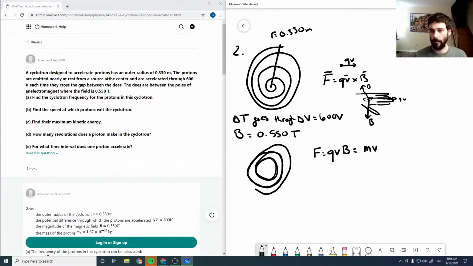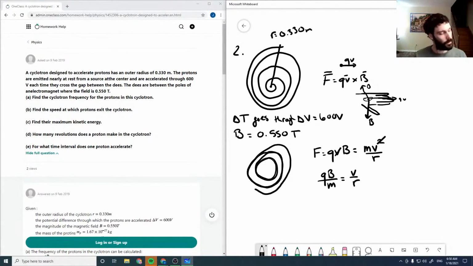So it's going to give rise to our mv squared over r for our motion. Which we can then use to solve for the velocity of our proton by rearranging. So first we can cancel this velocity and cancel the square, and then we can rearrange to say that QB over M is equal to V over R.